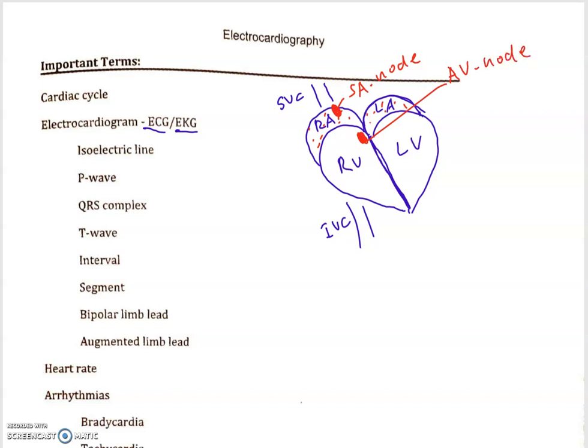Now the AV node works kind of like a gatekeeper, or what you might want to picture is like a signaler on the freeway. You have this SA node signal spreading through both of the atria pretty quickly, and it's pretty broad right here, and then you're bundling everything up, and it's kind of a narrowing, so you want to hold up the signal.